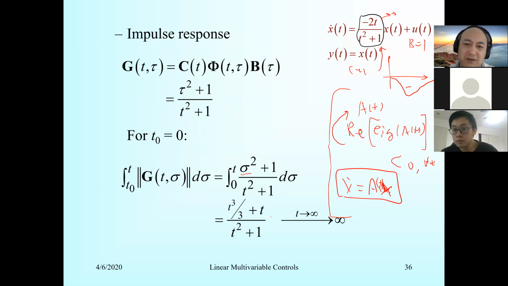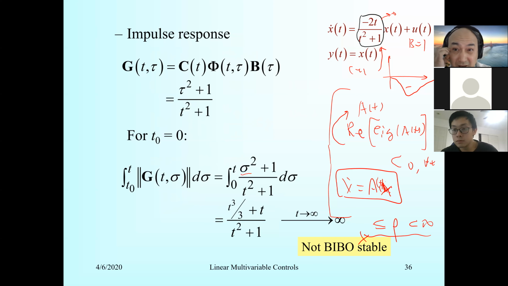It is not bounded by some rho, so it should be less than infinity, which is not true. Therefore, the system is not BIBO stable.